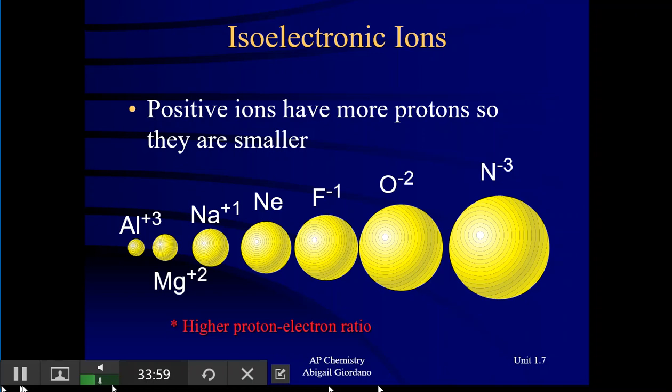It has the strongest effective nuclear charge. Thus, it is the smallest. Those outer electrons are experiencing the strongest attraction to the nucleus. Think back to Coulomb's law. That nucleus of the aluminum atom has the greatest magnitude of charge. Thus, it's going to have the strongest attraction, smallest radius.